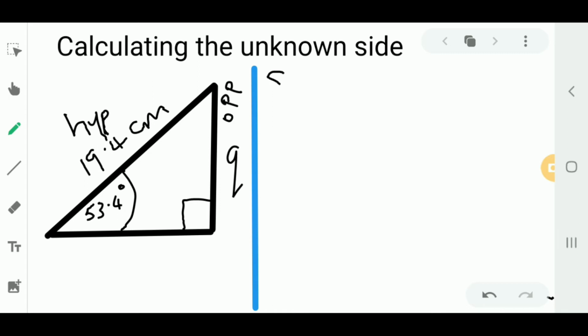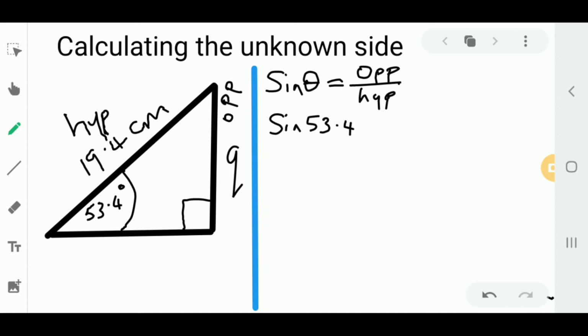So we write our formula: sine the angle is equal to opposite over hypotenuse. So it's sine 53.4 because that is our angle. Opposite, we don't know what it is, that's Q, and hypotenuse is 19.4. Now we can write this as a fraction by putting it over 1. Whenever we have fractions that are equal, we can cross multiply.